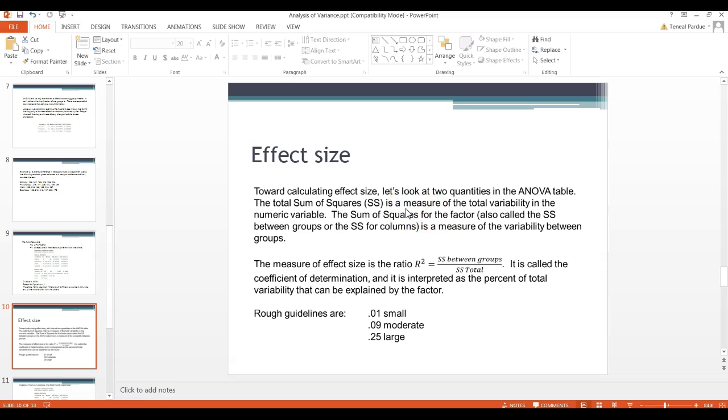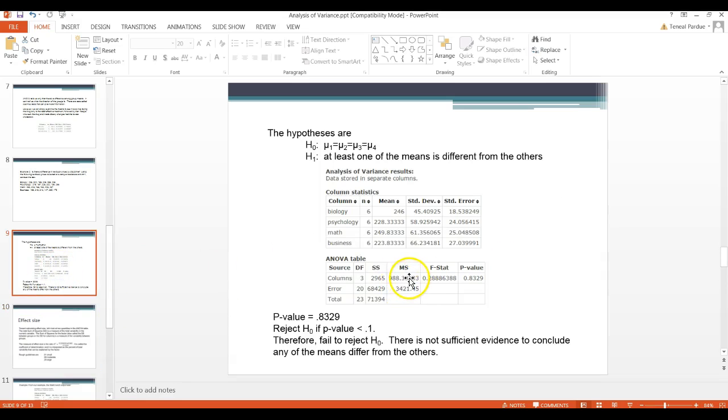The effect size that we want, in this case, we want to know what is the percent of total variability that can be explained by the factor. So in this case, we've got sum of squares between groups, so sum of squares for the column, divided by the total sum of squares.